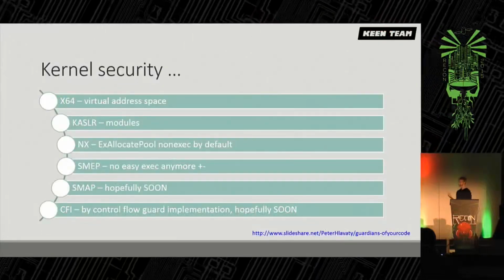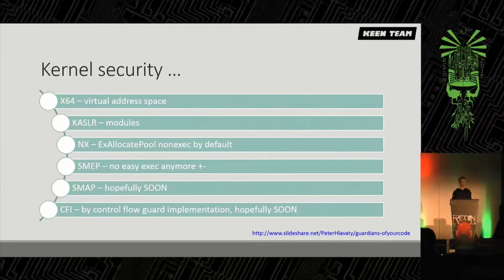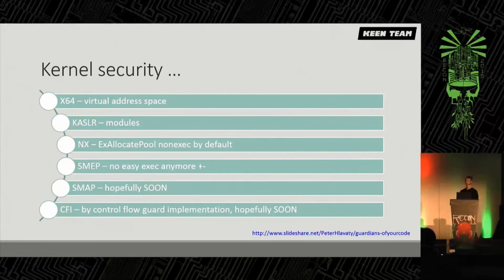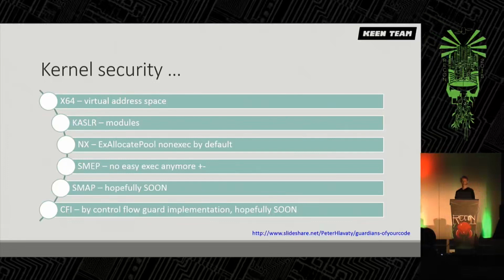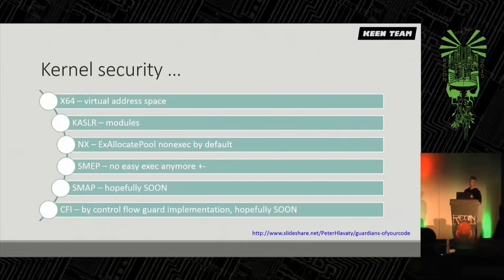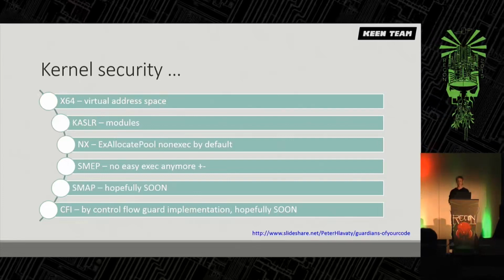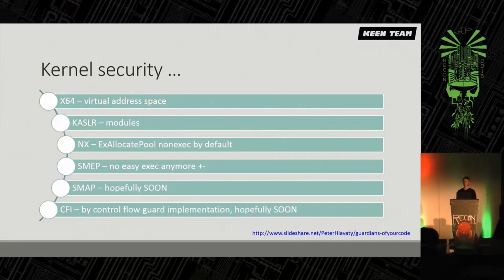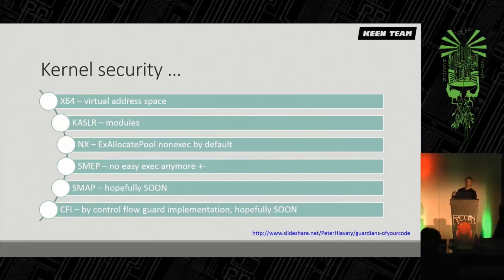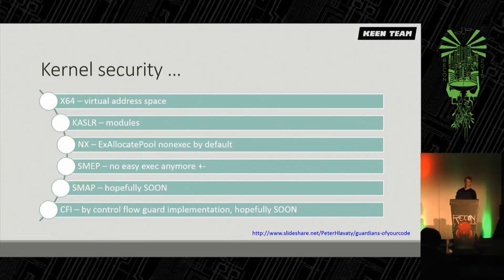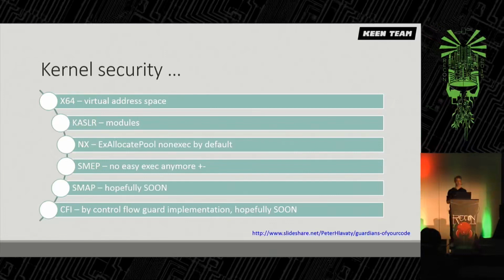For example, patch the token and escalate to system. But for this, you are now facing some kernel security mitigations introduced by Microsoft, and somehow it's really good. You have 64-bit address space, kernel address space randomization, and by default, when you allocate memory, it's non-executable, which is also a really good feature.